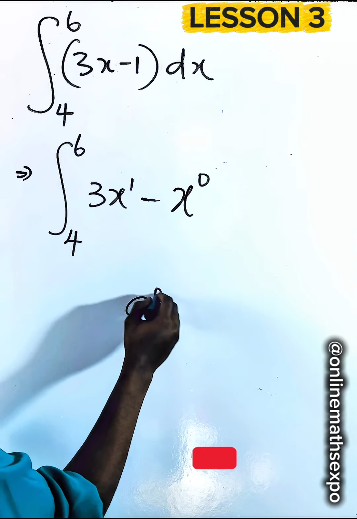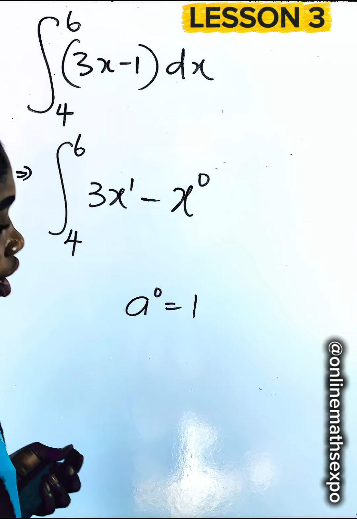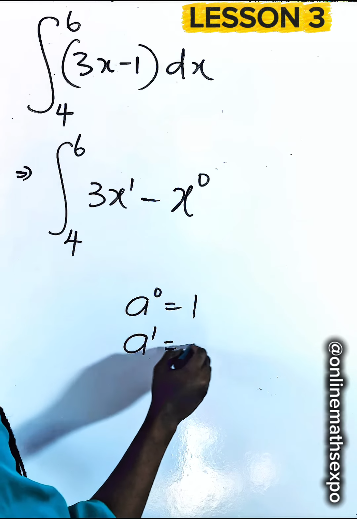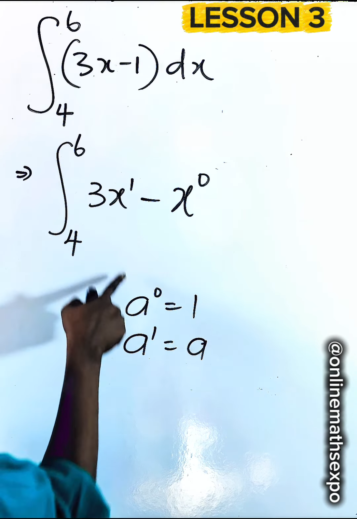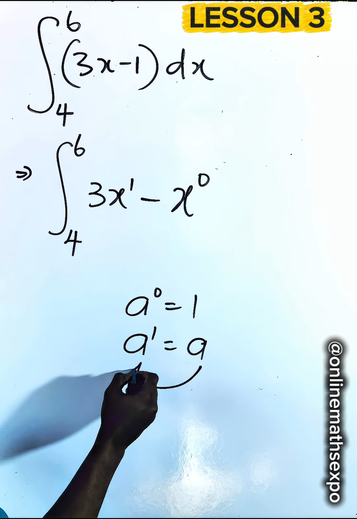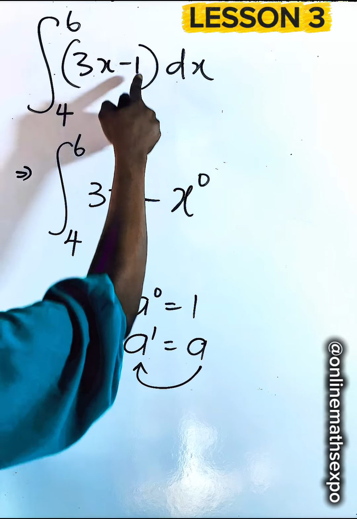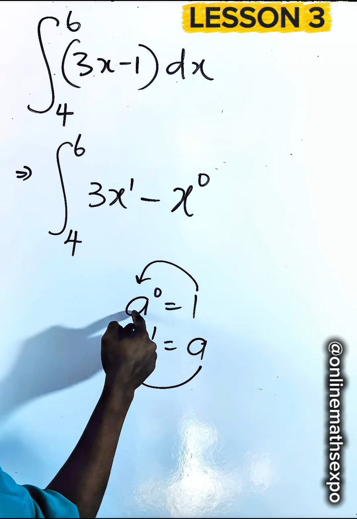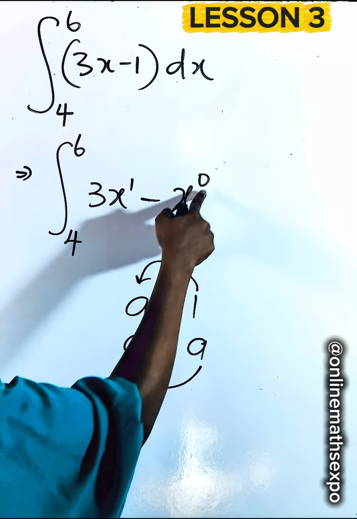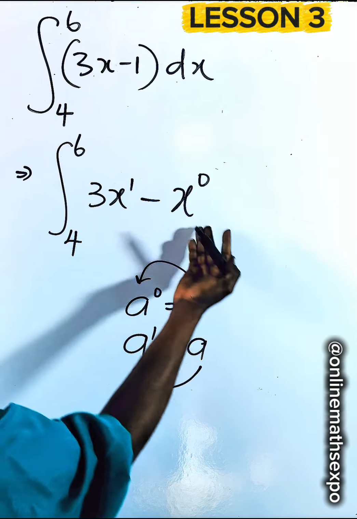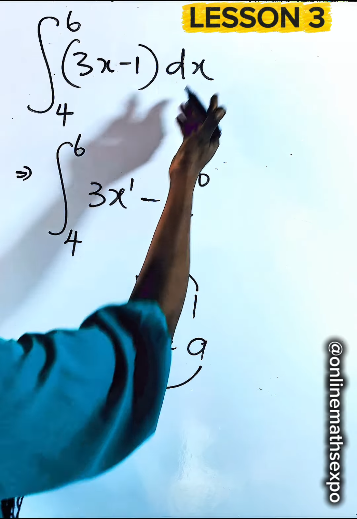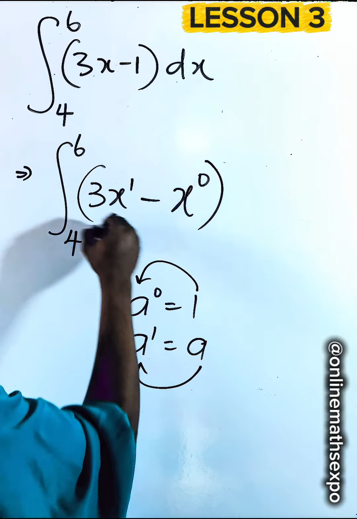For every a to the power of 0 is 1, and for every a to the power of 1 is a. So x is the same as x to the power of 1, and 1 is the same as x to the power of 0, so that you can easily integrate with respect to x. So this is what we have.